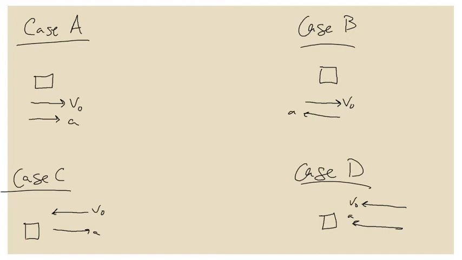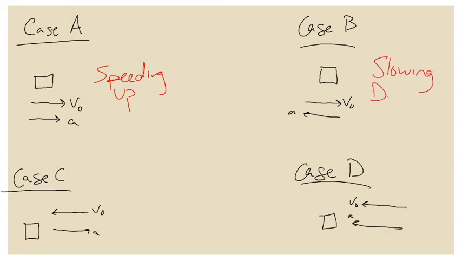All right, so this is not new information. In case A, the object here has an initial velocity that goes to the right and an acceleration that goes to the right. This object is speeding up. Case B, this object has an initial velocity, which is to the right, but an acceleration which is to the left.